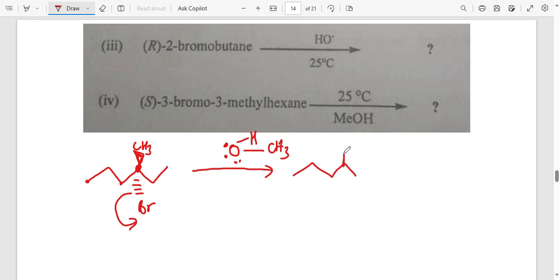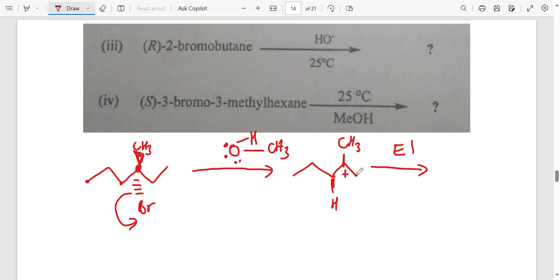Now, if the bromine leaves, you don't show configuration because this carbon will now be bonded to only three things. For three things you don't have chirality there. So this guy can go by E1. By E1, the major product will grab a hydrogen from this end.